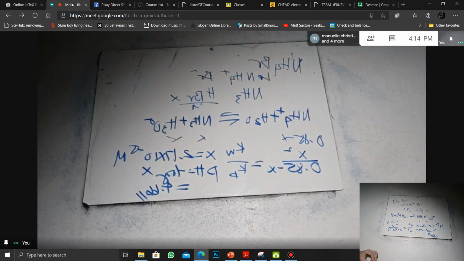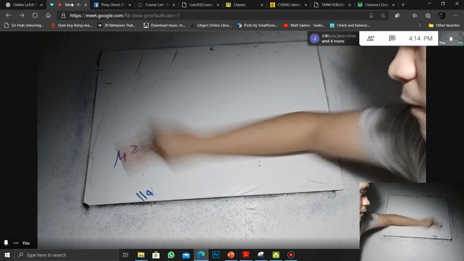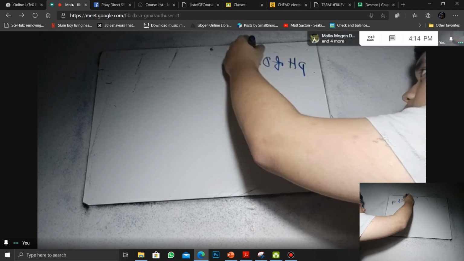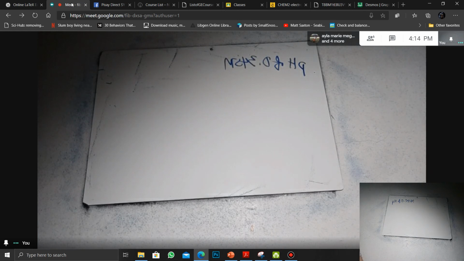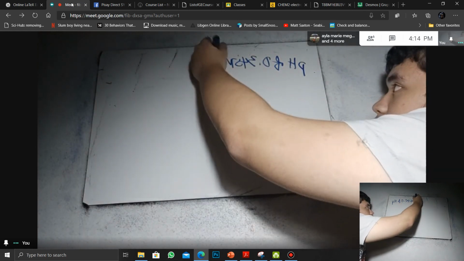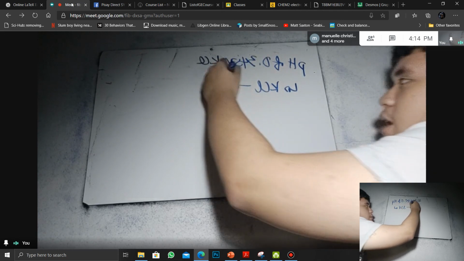Yung letter C, di ba? pH of 0.345 M KCl. KCl, di ba? K plus and Cl minus.